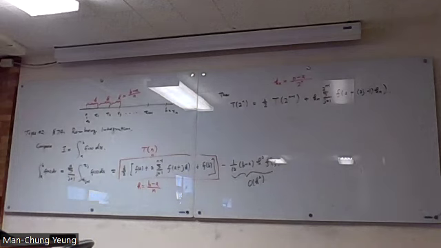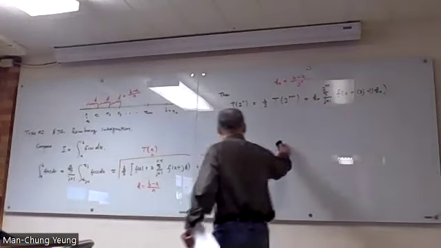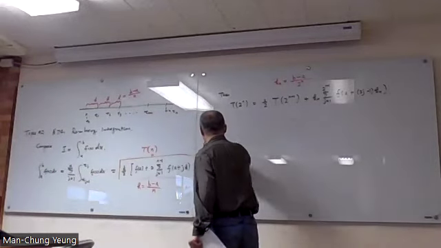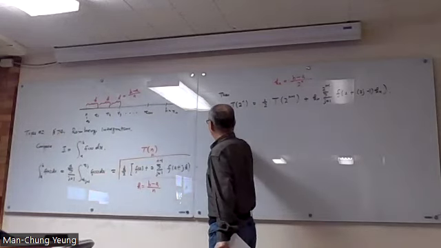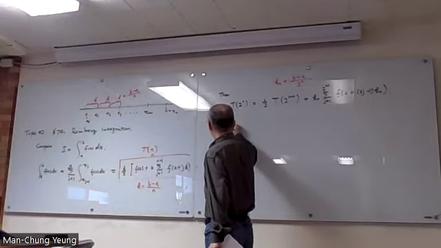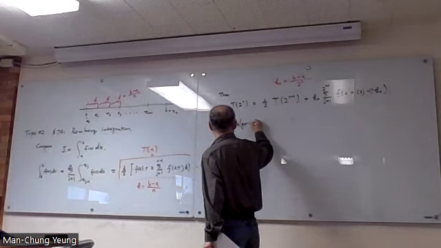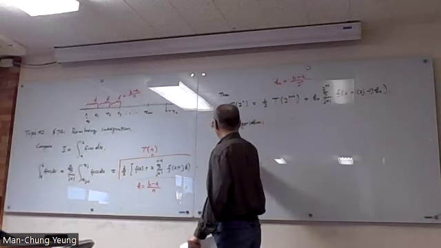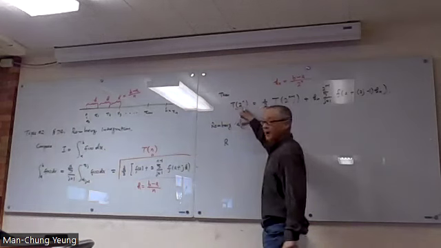This is a relation. Okay, now the Romberg algorithm. Now the notation: T of 2n.